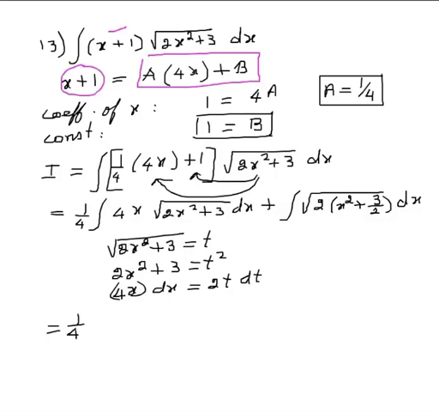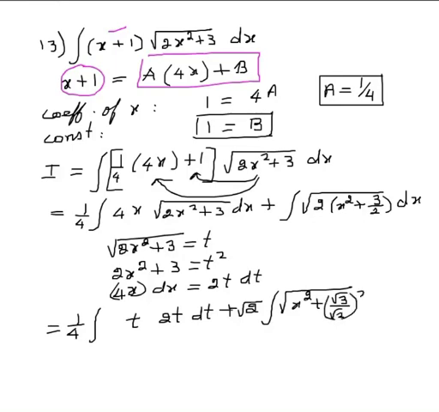First integral becomes 1 by 4 integral 4x dx is 2t dt, and that root term is t, plus here 2 can be taken outside the integral. It is positive number, so it can be removed outside the root sign as well as outside the integral. It becomes root 2, and this is x square plus, I can write this as root 3 by root 2, the whole square.